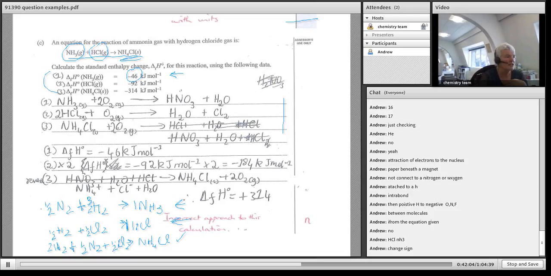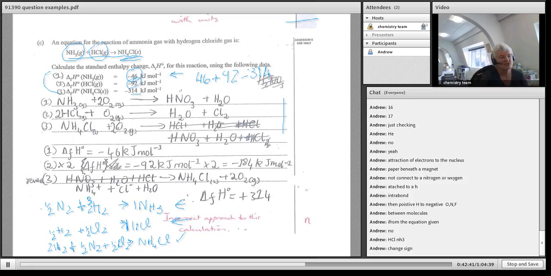So if I've got to reverse that one and I have to reverse that one, but this one stays as it is, my final one is going to be 46 plus 92 minus 314, and then you should get the same answer as that previous student did.